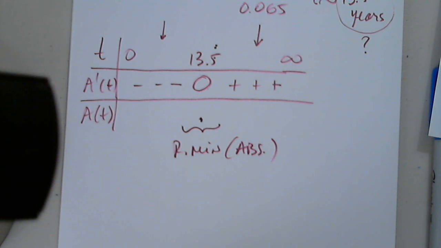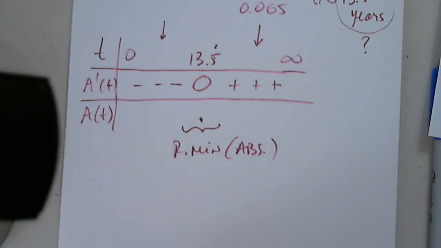I truncated the number, it is not exact. If I want to be super exact, here's what I would do. I would put in so that the calculator calculates this by itself. Again, 60 divided by 25, close, and divide by 0.065. And now I will be as close as possible to the actual minimum.